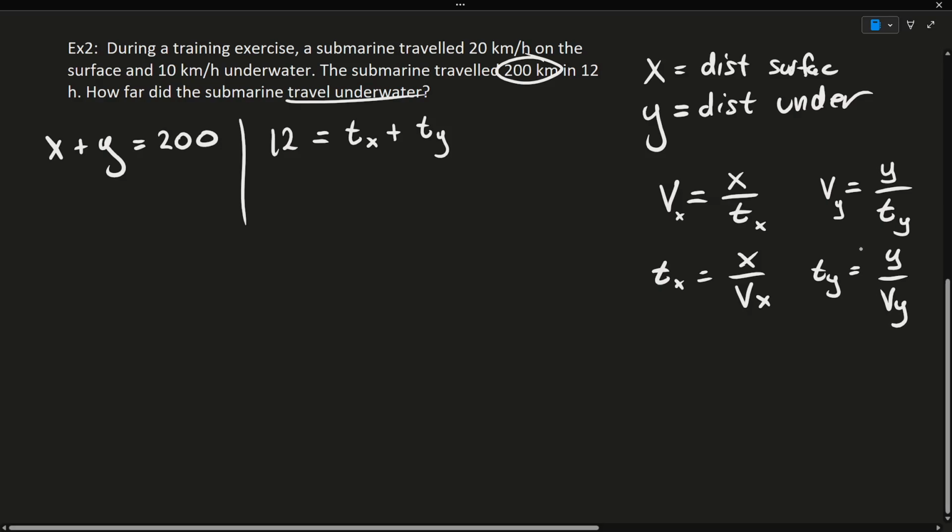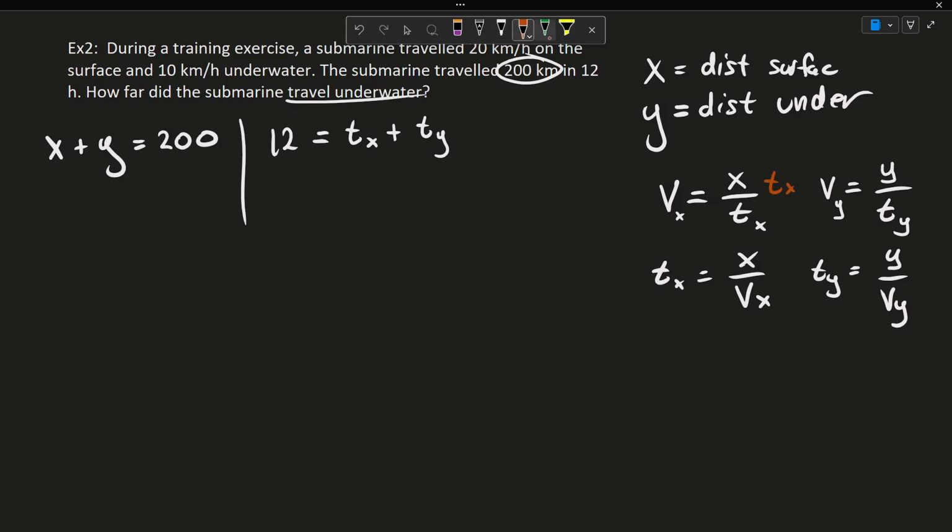That's just due to some cross multiplication. Let me explain that a little bit better. What I'm actually doing here is multiplying by Tx on both sides and dividing by Vx on both sides. And effectively, this Vx cancels with this, leaving me just a Tx. And this Tx cancels with this, leaving me x over Vx.